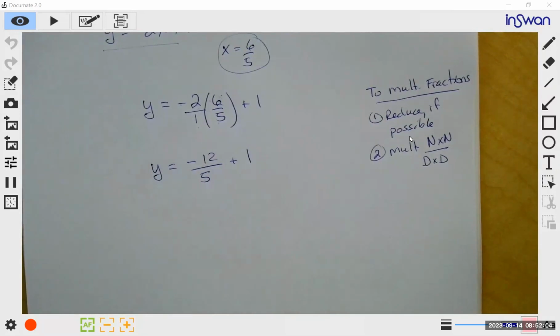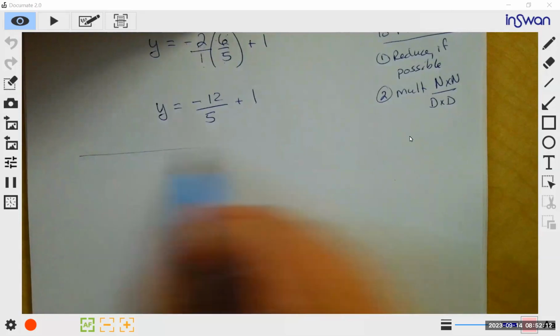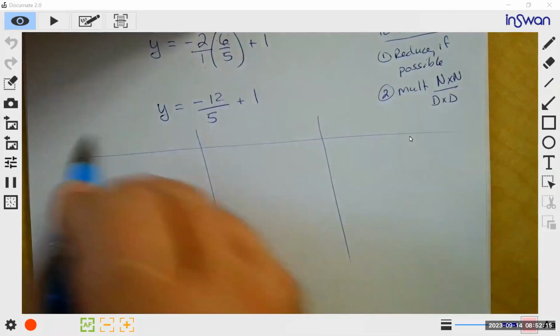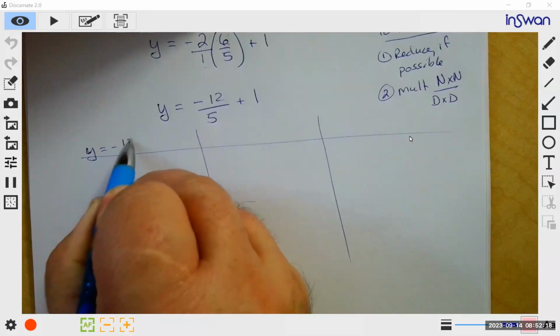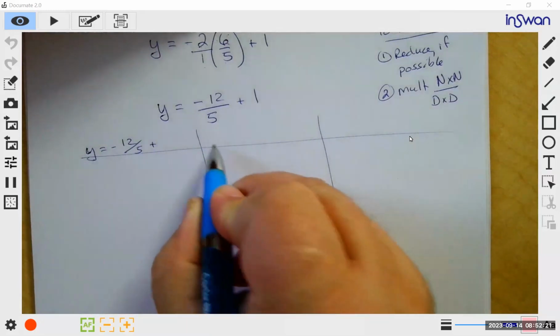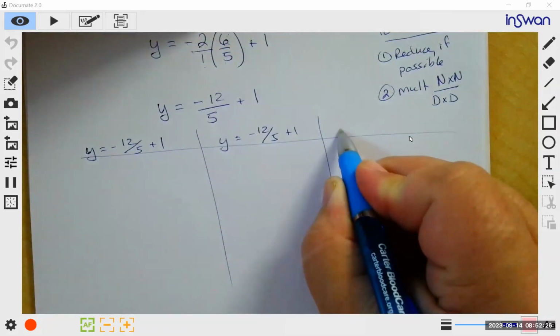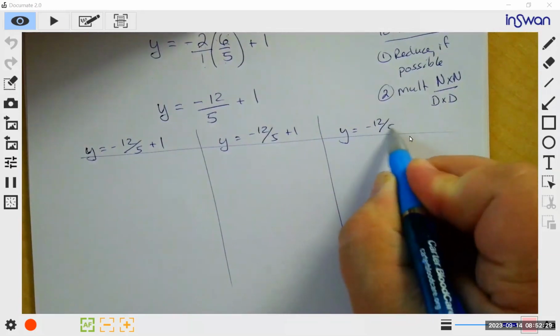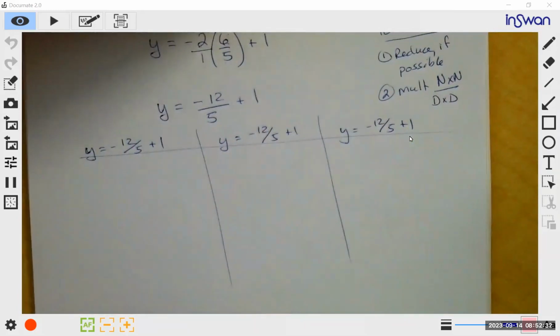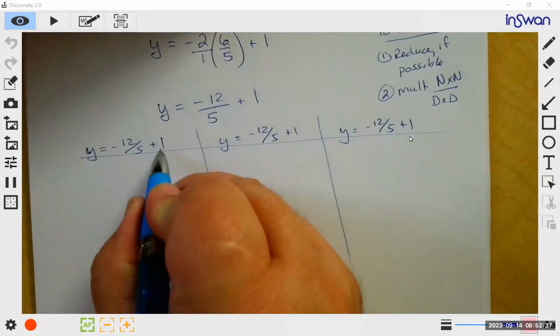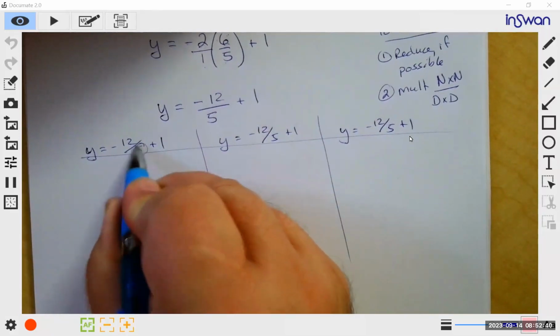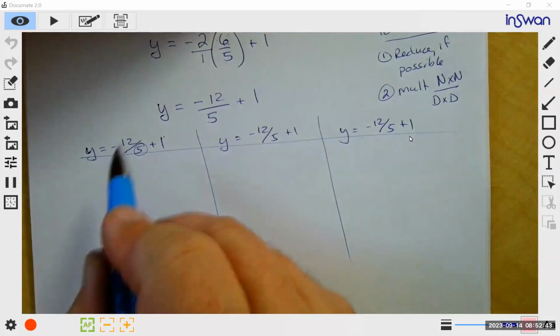From this point here, there are actually three ways you can solve fractions when you're adding fractions. And I'll show you all three ways. First way, in order to add and subtract fractions, you have to have a common denominator. The common denominator is going to be 5. What is 1 equal to with the denominator of 5?